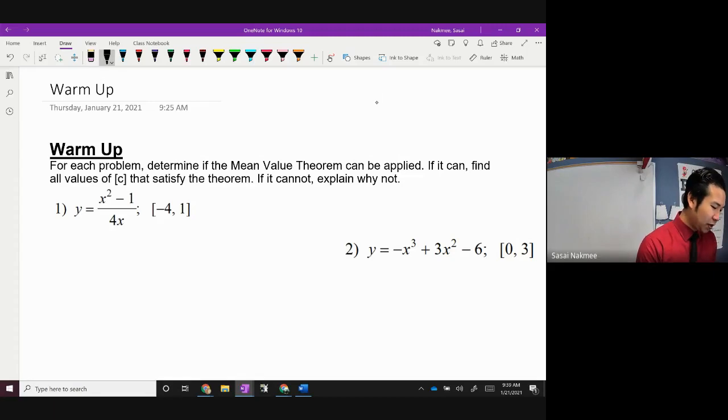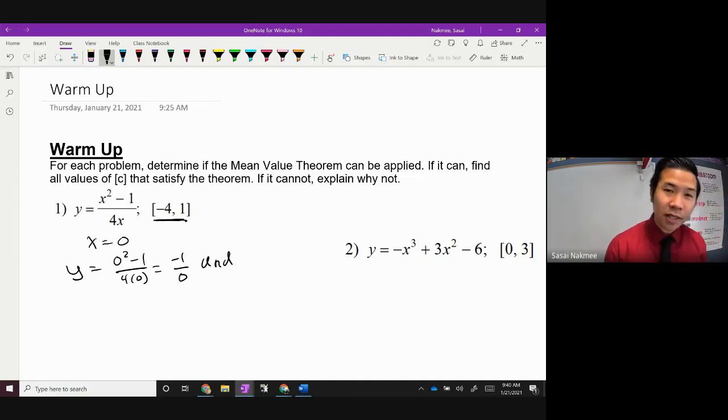So looking at this function right here, if you look at x equals 0, which is in this interval from -4 to 1, I can say that the function is going to be equal to 0 squared minus 1 over 4 times 0, which is going to give me minus 1 over 0, which is undefined, which means the function is not continuous there. The function is not defined there.